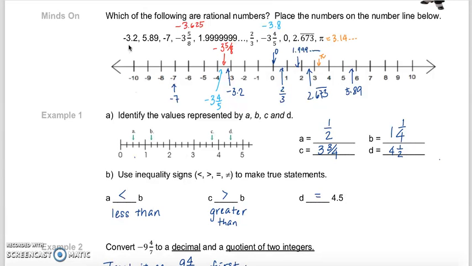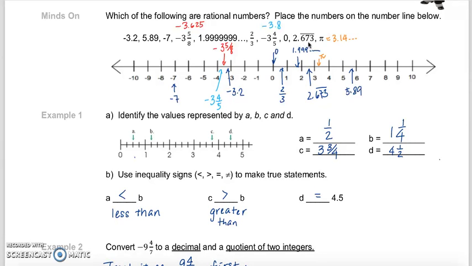So 3.2, negative 5.89, negative 7, negative 3 and 5/8, 1.9999999 repeating, so it's 1.9 repeating, 2/3, negative 3 and 4/5, 0, and 2.673 repeating.